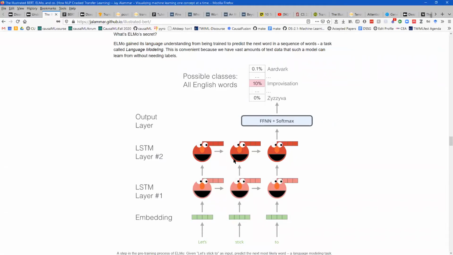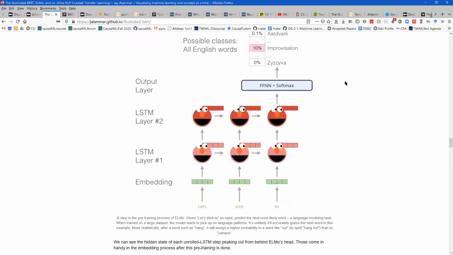So you just take these two LSTM layers, the output of the second layer goes into a feed-forward neural network plus softmax, and then I guess you can get a score for all the English vocabulary words. I don't know, 30,000 of them, and it gives you a score of which one the next word is most likely to be.